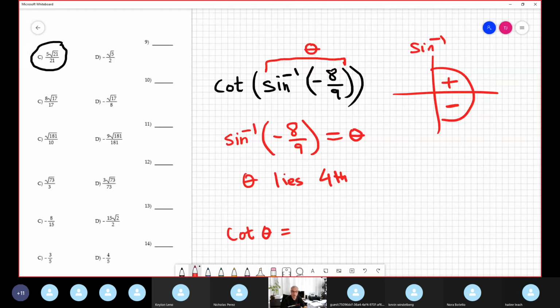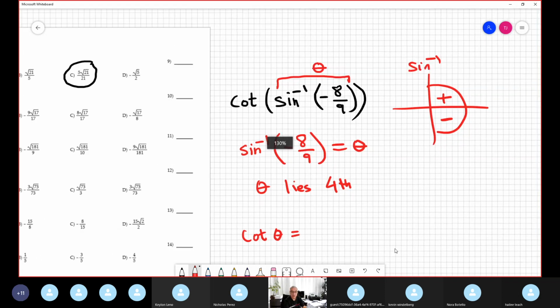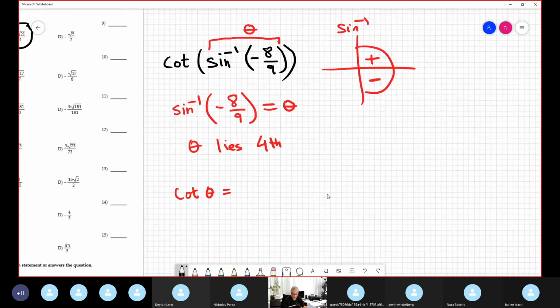Okay, so in order to determine the value, I create my triangle. What triangle? The triangle associated with the sine. Actually, to see more clearly, you put sine theta is equal to -8/9. Okay, my triangle looks like that.